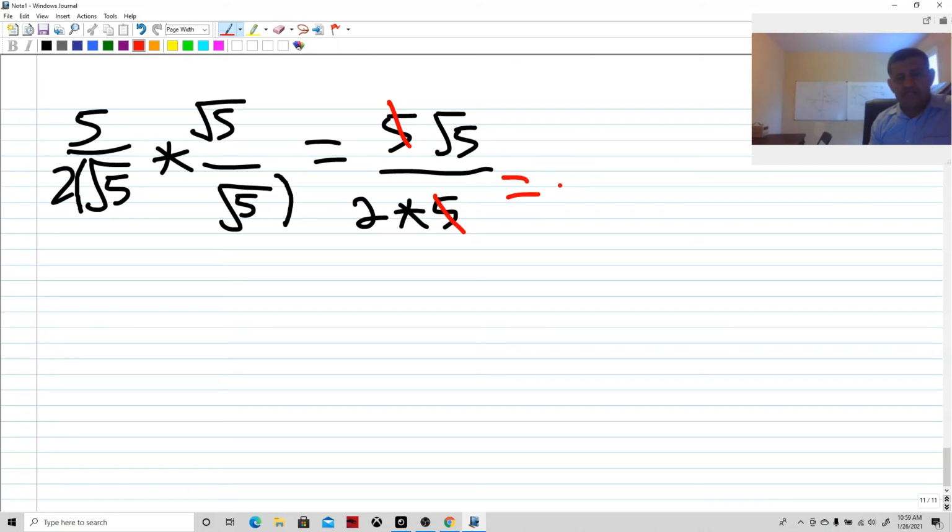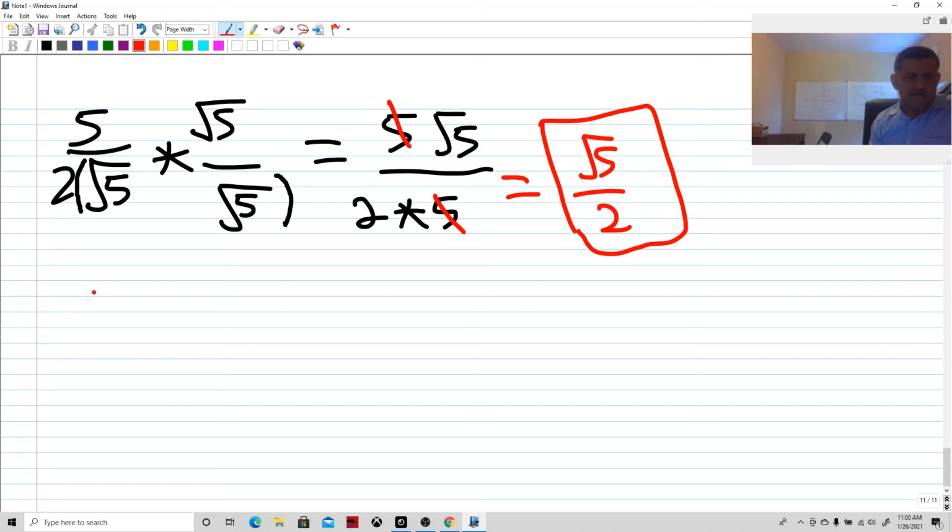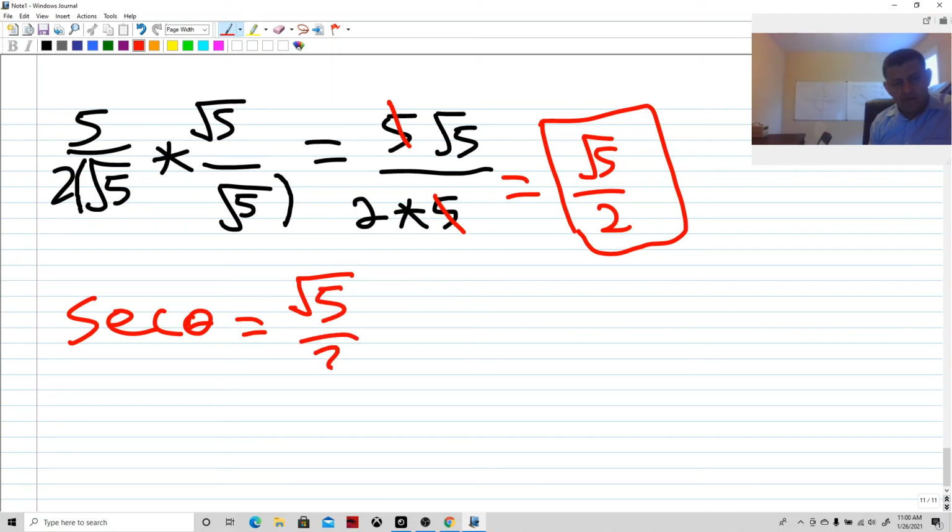And the answer for this is nothing but radical 5 over 2. So we have that secant of theta equal to radical 5 over 2.